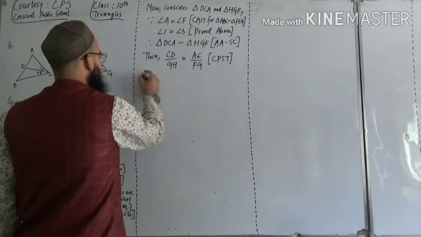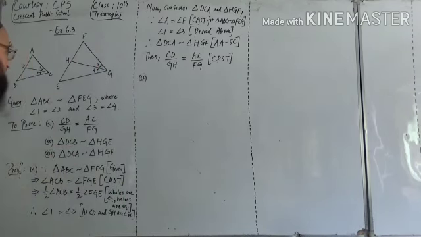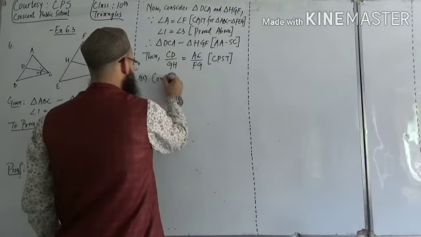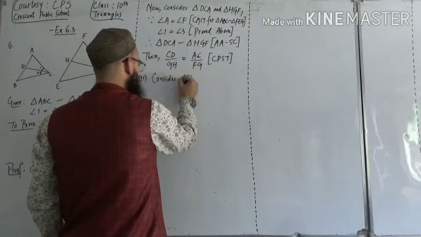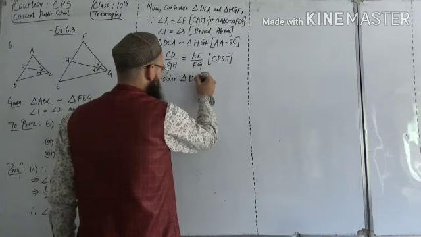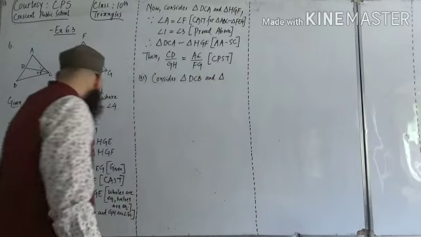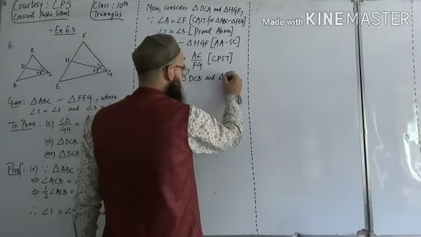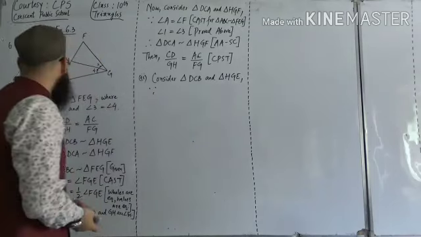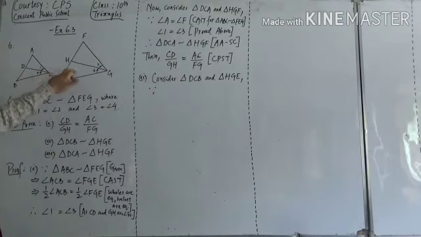Then we have the next one, part number 2. DCB is similar to HGE. Consider these two triangles, triangle DCB and triangle HGE. These are the lower triangles.